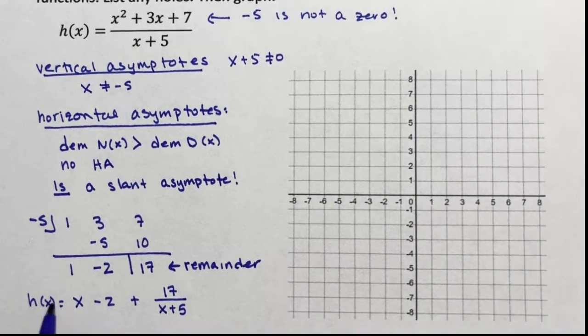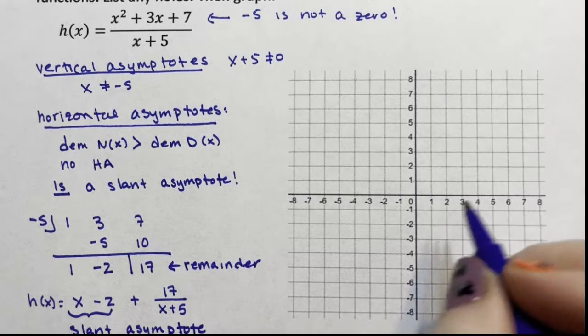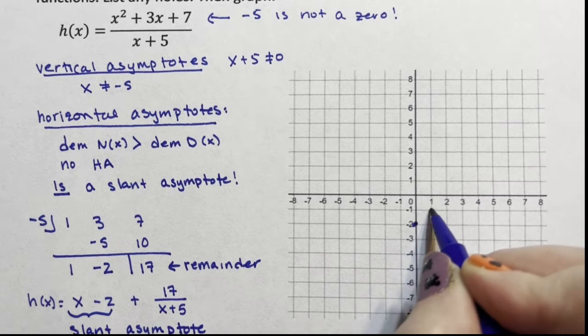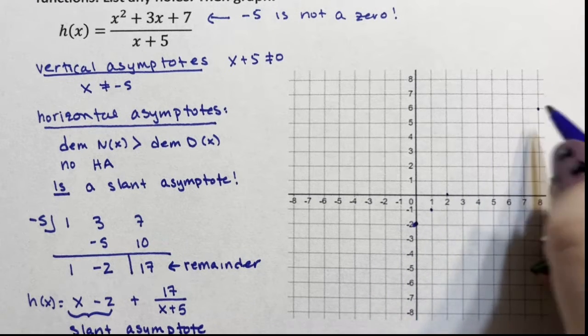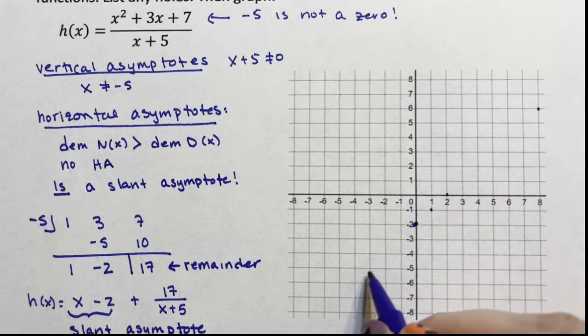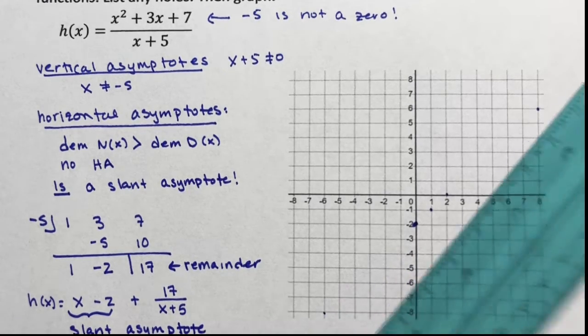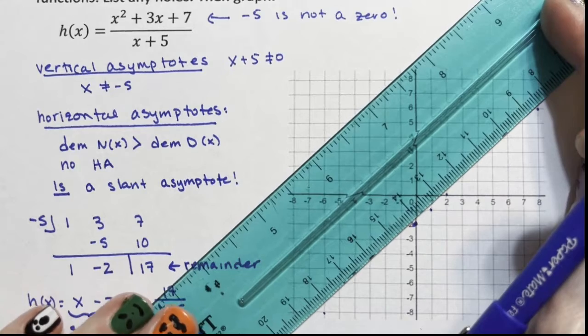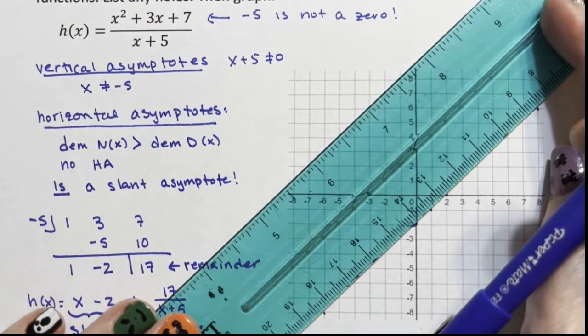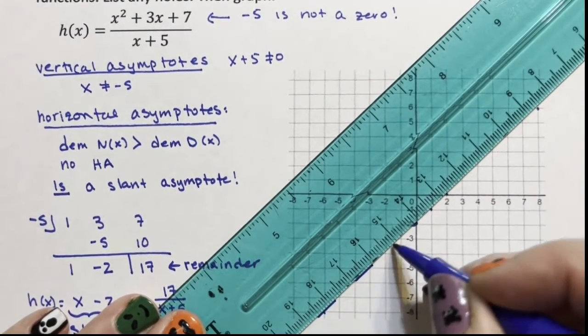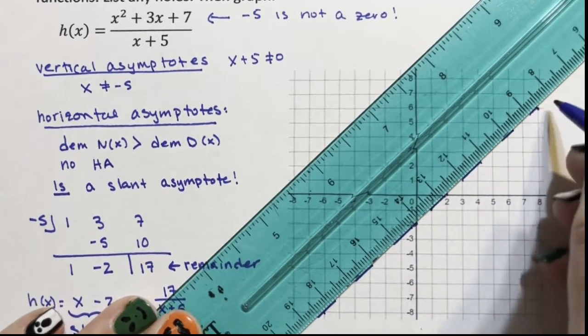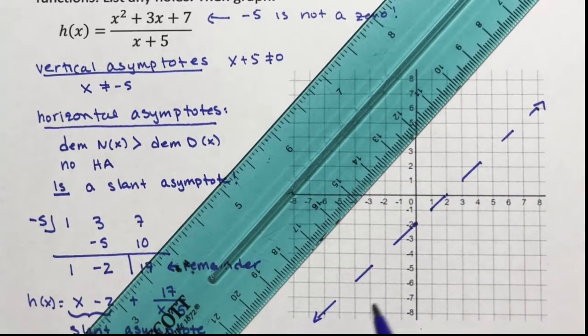So this right here becomes our slant asymptote. So we come down 2, our slope is 1. So our slant asymptote is y equals x minus 2.